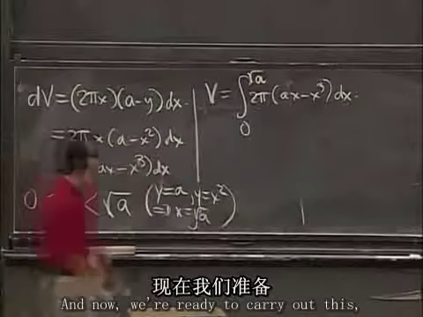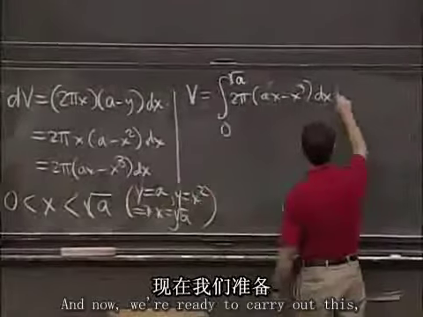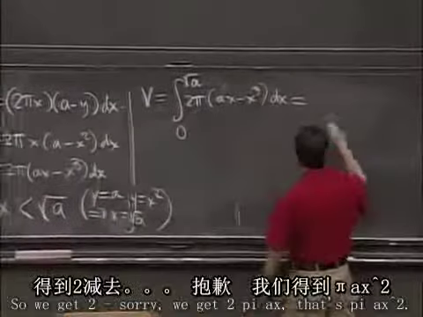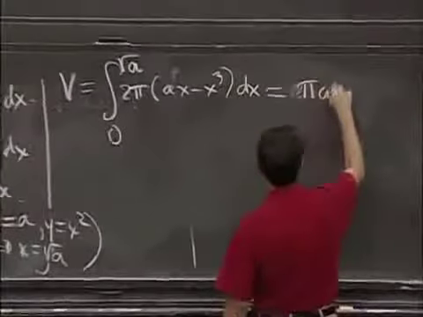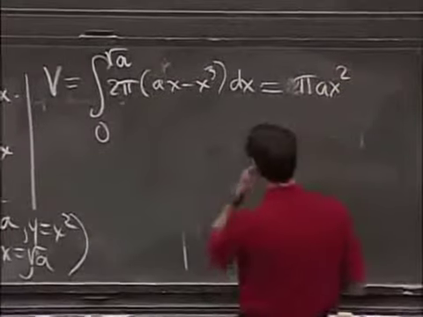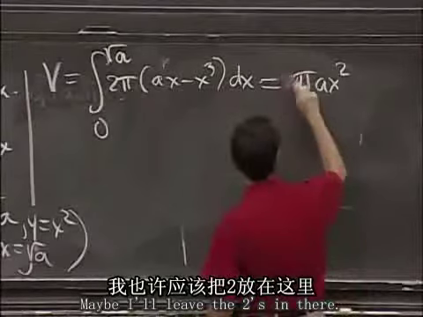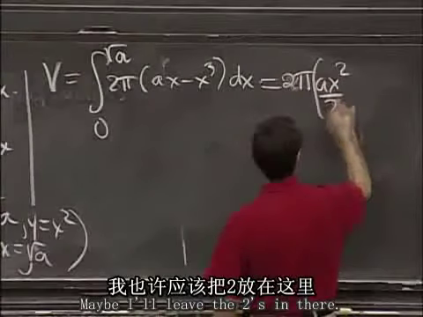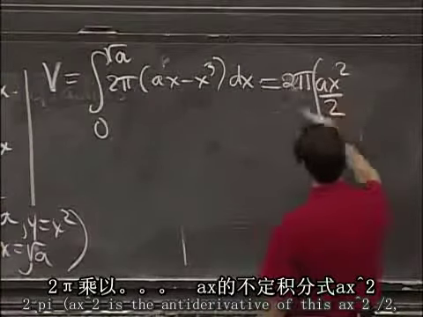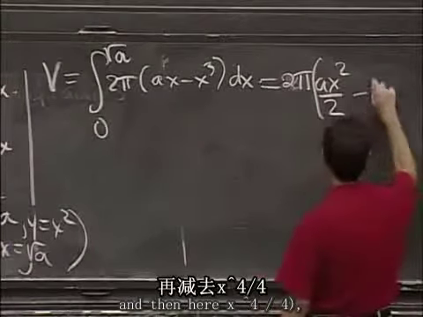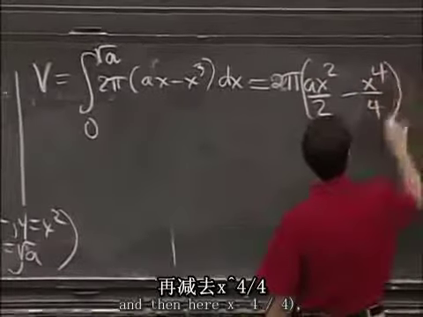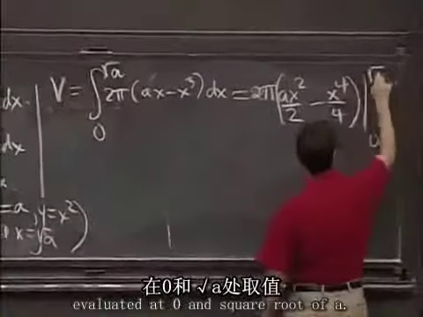And now we're ready to carry out this, to evaluate this integral. So we get 2 pi, and the antiderivative of this is ax squared over 2, and then here, x to the 4th over 4, evaluated at 0 and square root of a.